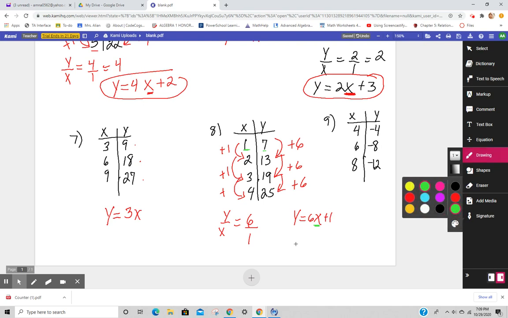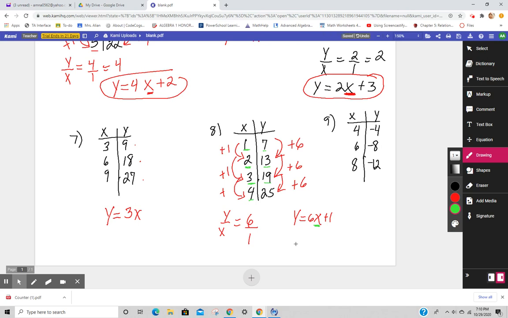Let's replace x with 2. 6 times 2 is 12 plus 1. That does work. It's 13. Let's try the next one. 6 times 3 is 18 plus 1. It is 19. And the last one, 6 times 4 is 24 plus 1 is 25.